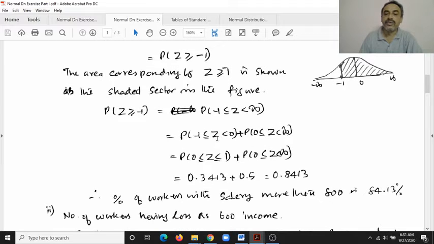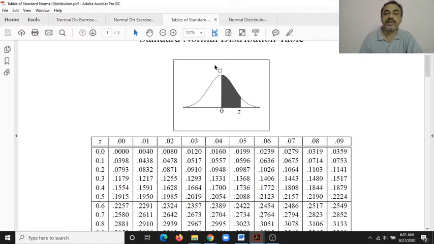So how do we refer to this probability of z greater than or equal to minus 1, or z between minus 1 and infinity? First of all, note that in terms of the standard normal distribution, the probabilities recorded in the table correspond to intervals starting with limit 0. That is, we can refer to the probability of 0 less than or equal to z less than or equal to 1.25, for example.